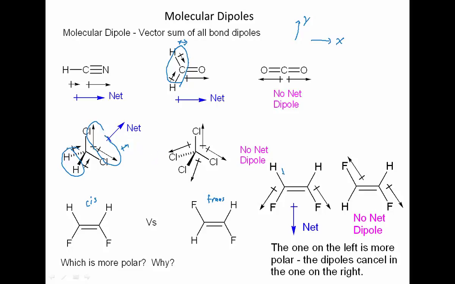They're a little bit smaller, but they also are working to send the dipole in this direction in the cis isomer, but in the trans isomer, the dipoles are opposing each other, so there's no net dipole from the hydrogens or from the fluorines in this compound.